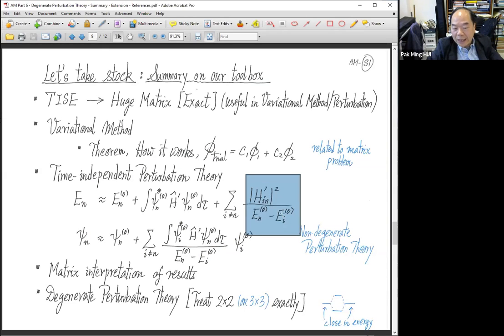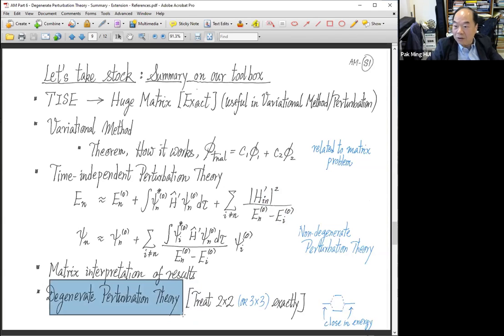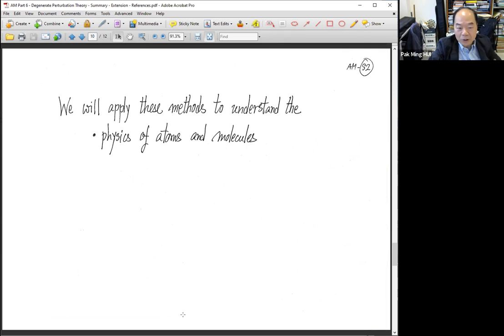With this understanding, non-degenerate perturbation theory becomes treating two degenerate states, the 2x2 matrix, exactly, and that is the degenerate perturbation result. So these are the tools in our box. We are going to make use of this to understand atoms and molecules. You will be surprised how many things we can do with this set of tools. Okay, so we will do this.